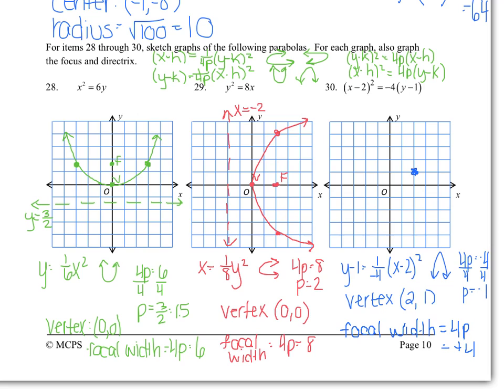It's opening down, so my focus is going to be 1 unit down. My directrix is going to be 1 unit up from the vertex. So my directrix is going to be y equals 2. My vertex is here, my focus is here, and then my focal width is 4 units, so it's 2 units on either side. Again, remember to go all the way to the edge of the graph, and there is my parabola.